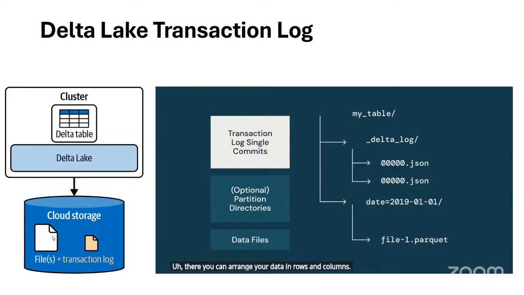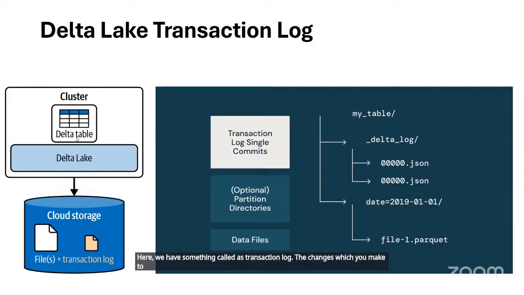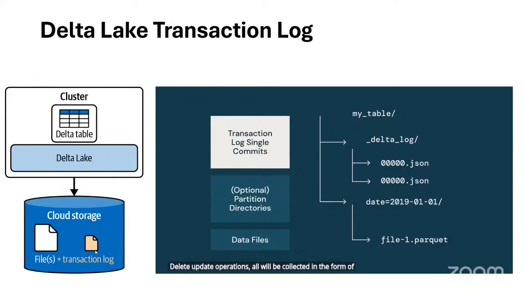And here we have something called a transaction log. The changes which you make to your data, read, write, insert, delete, update operations, all will be collected in the form of transaction logs. And these transaction logs are key to maintaining the status of the tables.